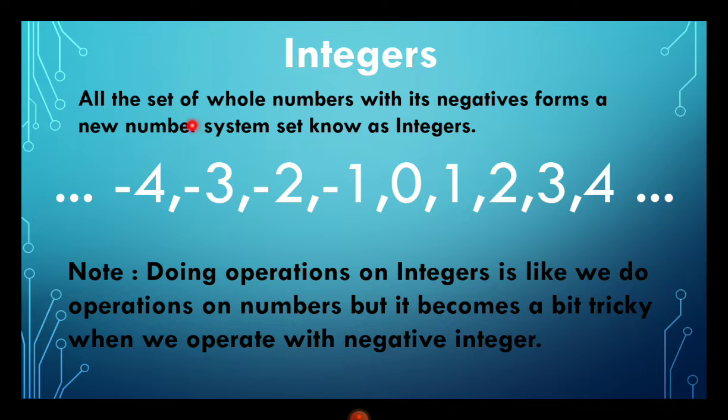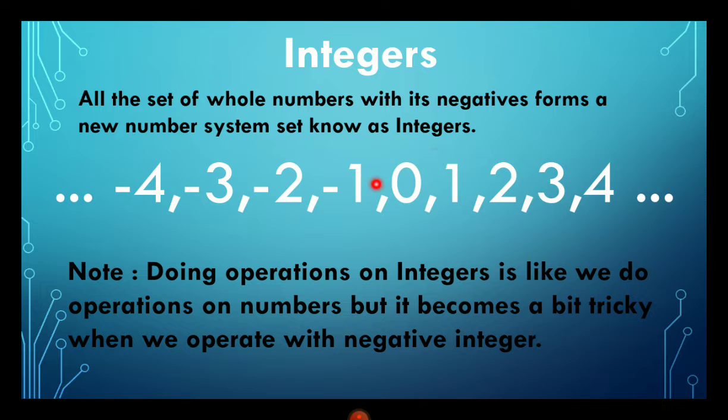Integers. All the set of whole numbers with its negatives form a new number system known as integers. So you know that these are integers. So we have 0, 1, 2, 3, 4. So excluding this part, you can see that from here we have a set of whole numbers.